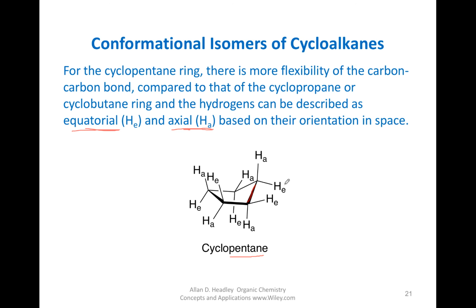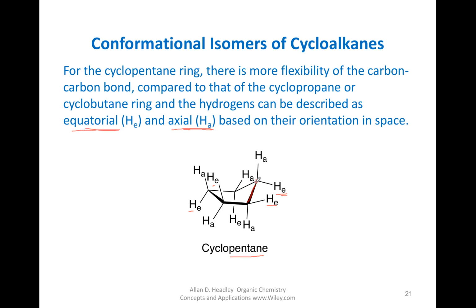So what we have here is the equatorial, HE. They seem to be all sticking in the same plane of this ring. So let's examine a couple. Here's one, here's another one, same plane. Here's one, and here's another one, same plane. So that's HE, or equatorial.